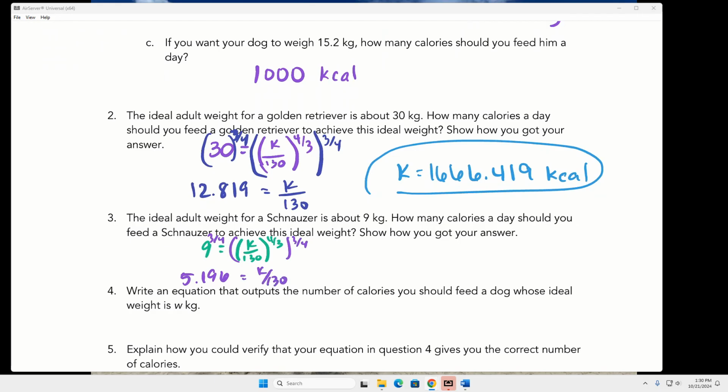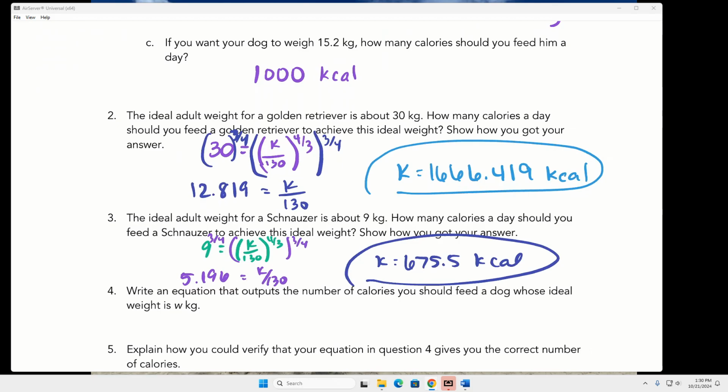And then we're going to multiply by 130. All right, that is the 675.5 kilocalories. Because you only want a 9-kilogram dog.